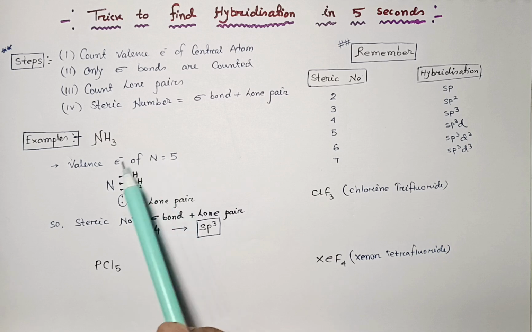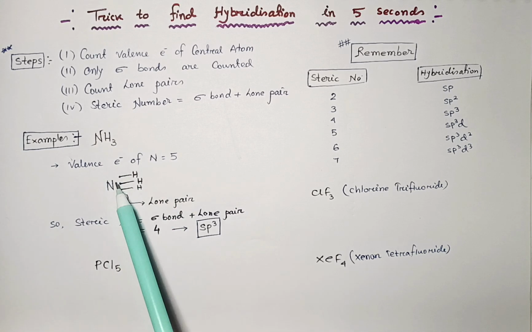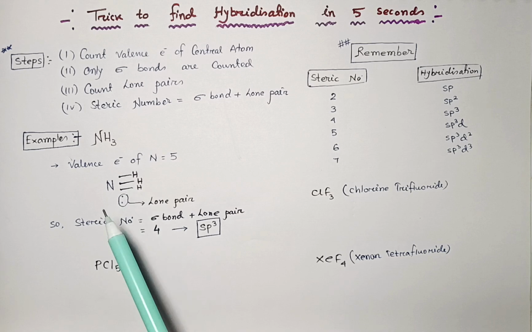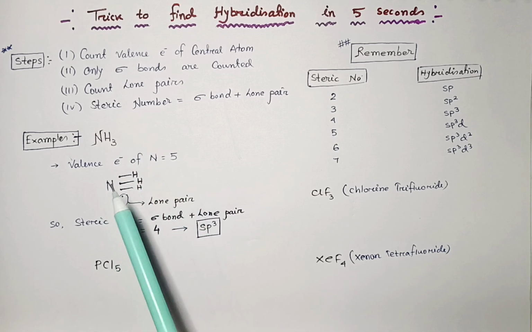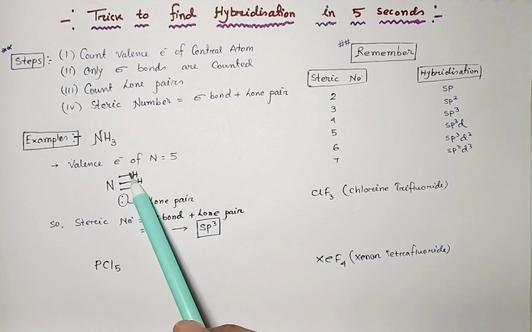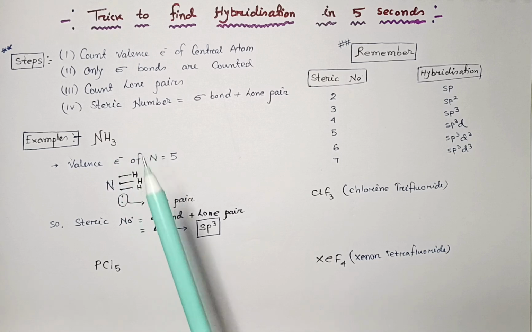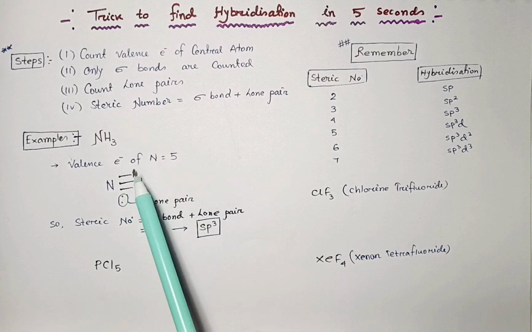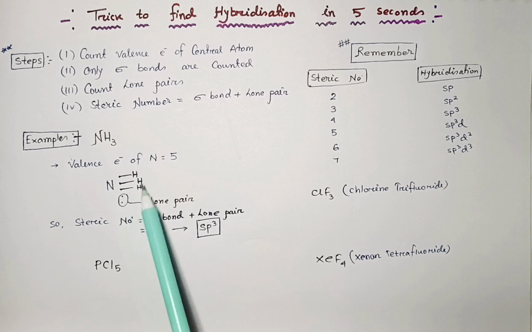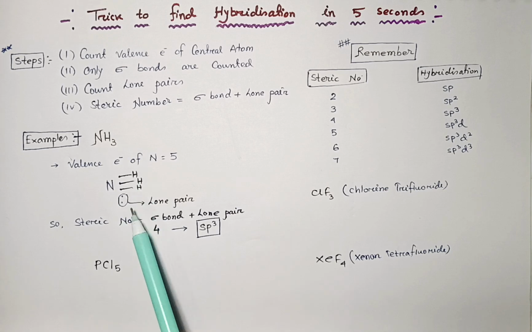We need just the central atom, that is nitrogen. So we represent the valence electrons in the form of dots. The valence electrons are 5, so 5 dots are there, and there are 3 hydrogen atoms. So 3 valence electrons are used up in forming the bonds. So there are 3 hydrogen bonds and 1 lone pair.